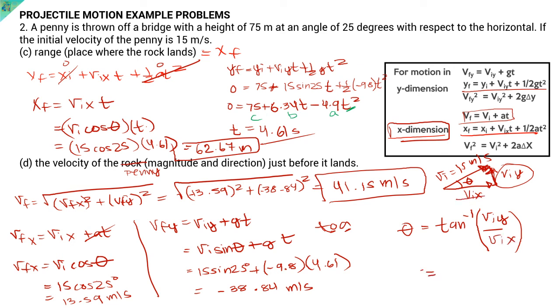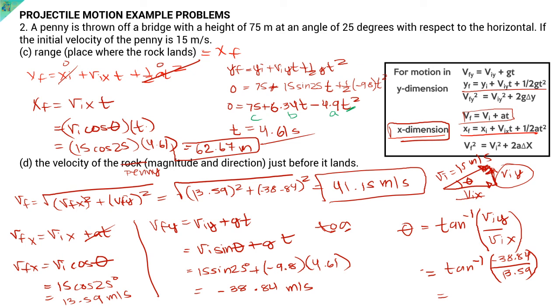Okay, so let's plug that in our calculator. Arctan, Vfy is negative 38.84. Our Vfx is 13.59. Okay, I'm sorry, why did I put a negative sign there? That should be positive. Anyways, kindly compute shift tan for arctan.